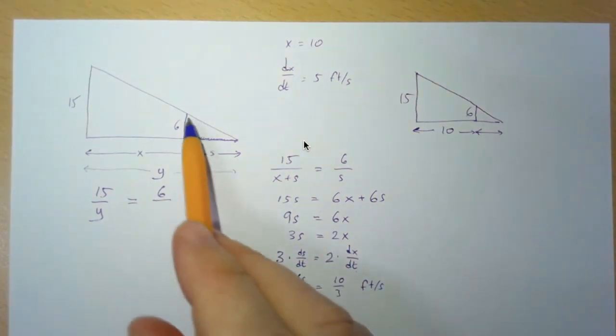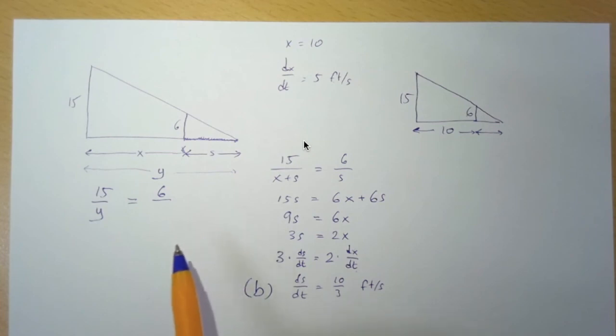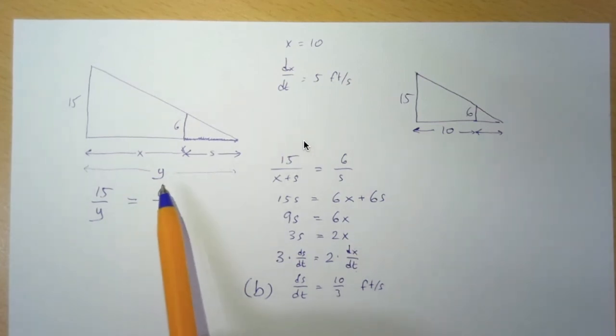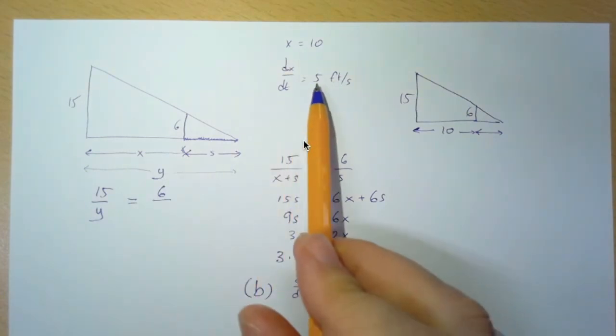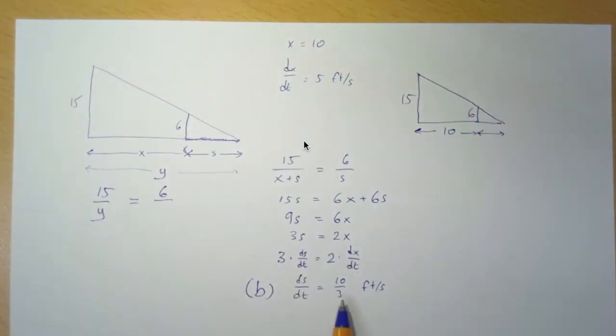I can either say 6 over s, or I can say 6 over y minus x. It doesn't really matter which one I do, because when I take the derivative, I will have dx dt, and I also happen to have ds dt because I solved b before a.